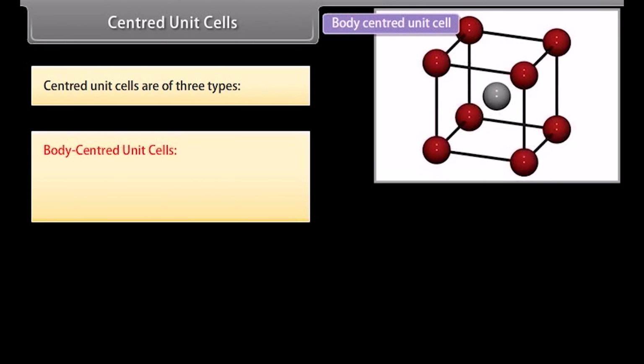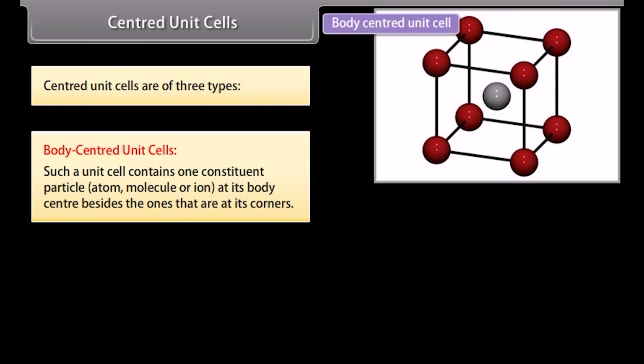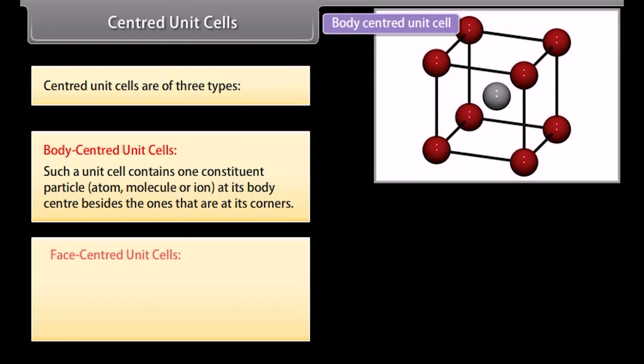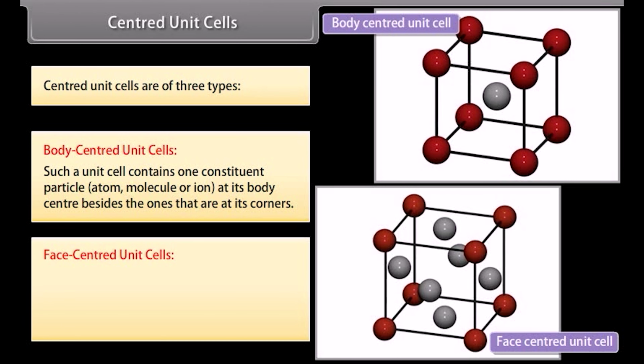Centered unit cells are of 3 types. 1. Body-centered unit cells. Such a unit cell contains 1 constituent particle, atom, molecule, or ion, at its body center besides the ones that are at its corners. 2. Face-centered unit cells.